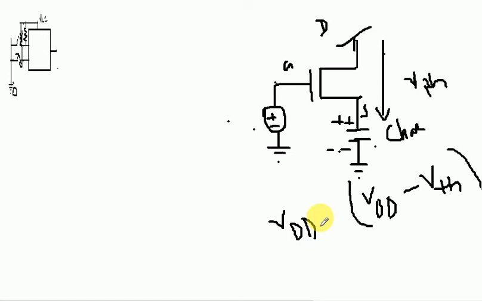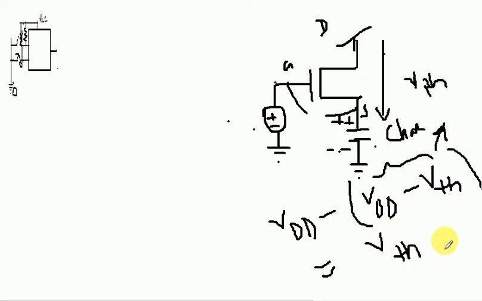Now if I take the difference between VG and VGS, then this is VTH. Now what is it indicating? It is indicating this: as this value VDD minus VTH is getting higher, this VTH gets decreasing.